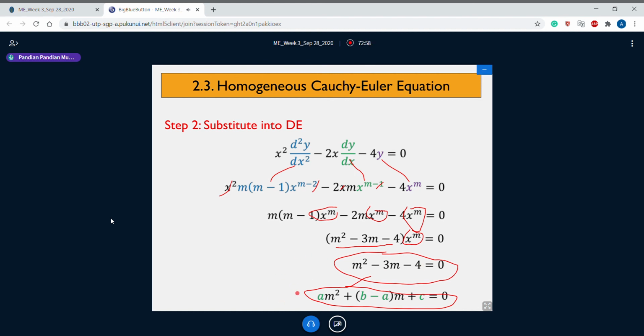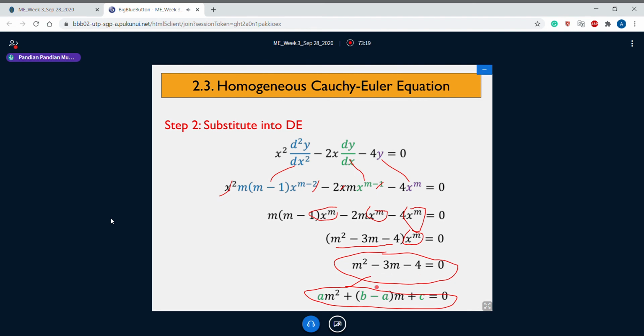So there are two ways to do this. One is by memorizing this formula, or by derivation, you can derive this equation. It is up to you. The important thing is m squared minus 3m minus 4 equals 0.